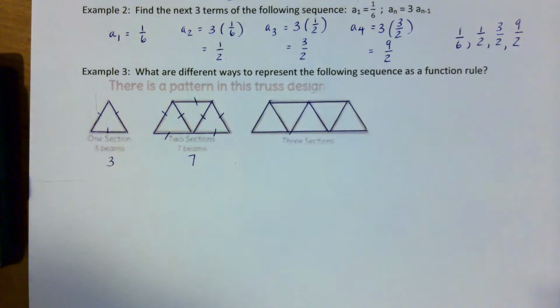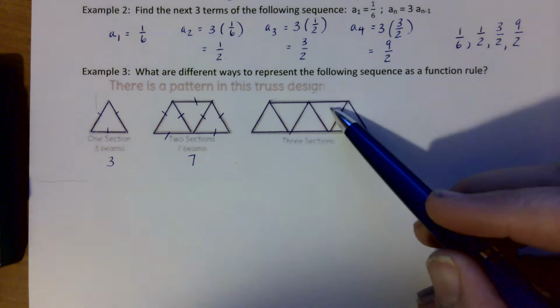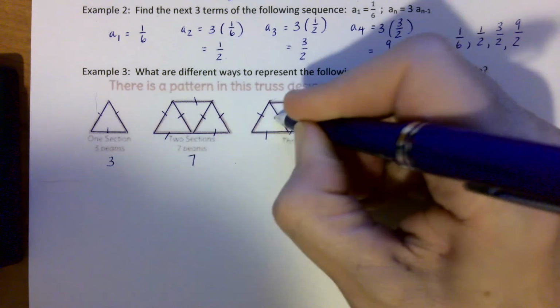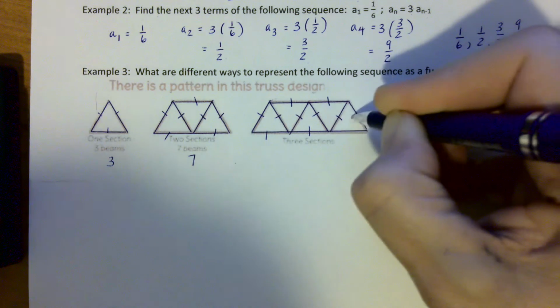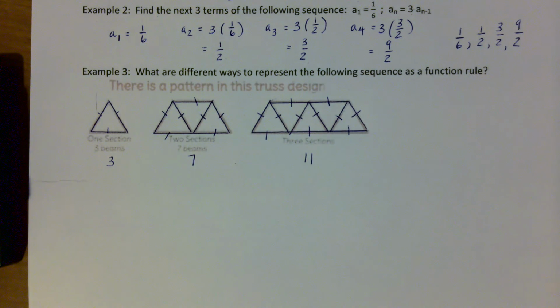So that's 7 beams. If I'm going to have 3 sections, I need to add 2 more of these, and that is going to give us 1, 2, 3, 4, 5, 6, 7, 8, 9, 10, 11. We now have 11 beams.